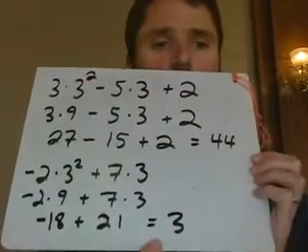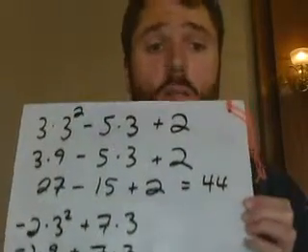So that'd be negative 2 times 9 plus 7 times 3. Negative 2 times 9 is negative 18, plus 7 times 3, which is 21. And negative 18 plus 21 is equal to positive 3. So I should have a positive 3 for the 3 plugged in the g of x equation.